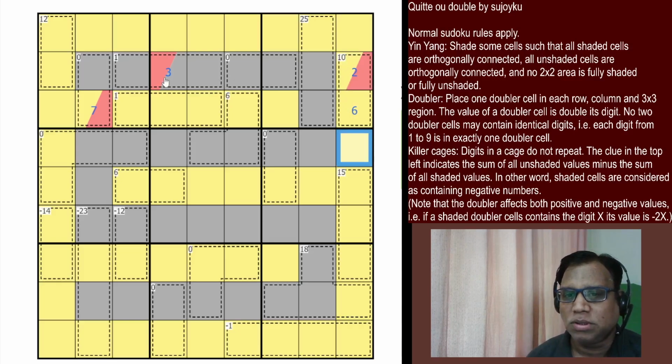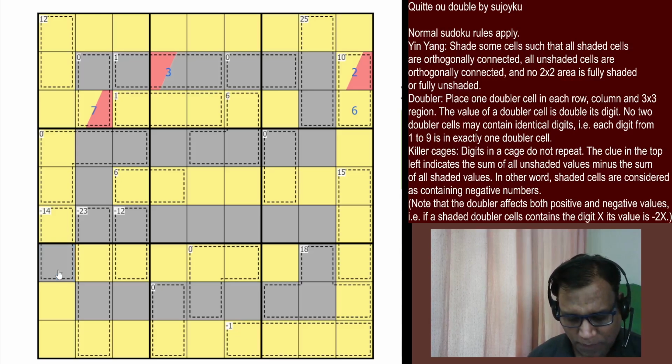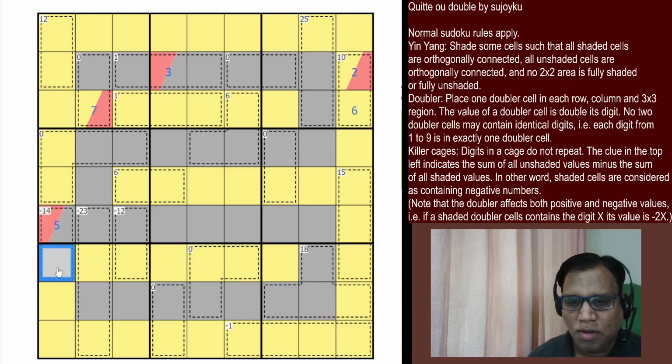And the same thing goes for the negative. Let's say this is shaded, so this is negative, and let's assume this is also negative. Let's say this is a doubler, and the value here is 5. So this is negative 5, and doubled, it is negative 10.